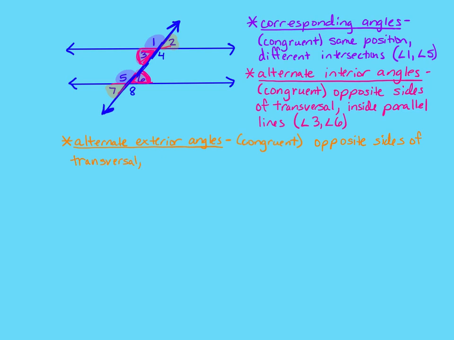And they're called exterior because they are outside the parallel lines. And so angle 2 and angle 7 are on opposite sides of the transversal line, and they are outside the parallel lines. So we know they have the same measure.